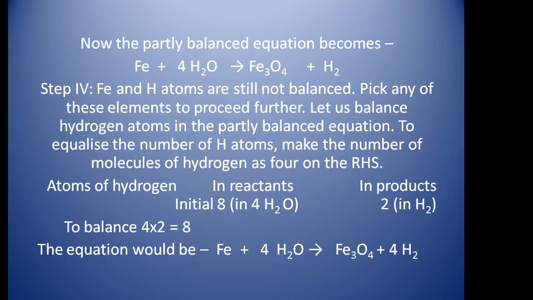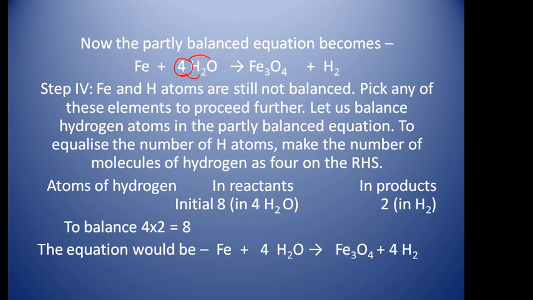Next, whenever you are multiplying this molecular formula with 4, this is not only multiplying with oxygen but also multiplying with hydrogen. Now the number of oxygen is 4, here also it is 4, very good, this is balanced. But now the number of hydrogen atoms becomes 8.